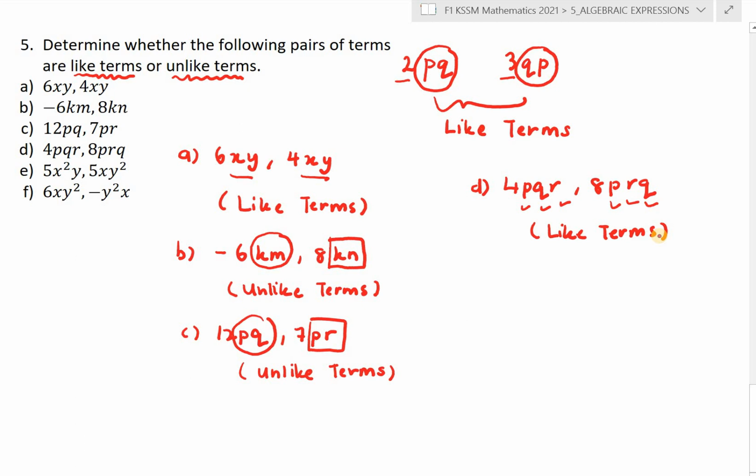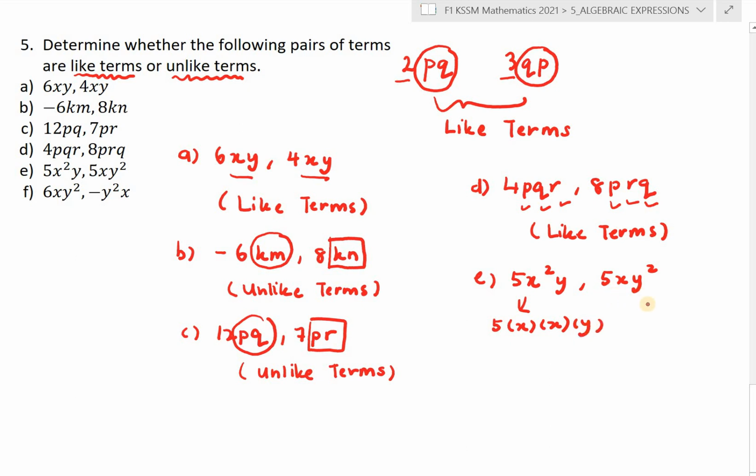Okay? And then, let's look at E. Okay, E, we have 5x square y and then 5xy square. Okay, so kalau saya keluarkan balik ini adalah 5 darab x darab x darab y. Sebab dia ada 2x, 1y.